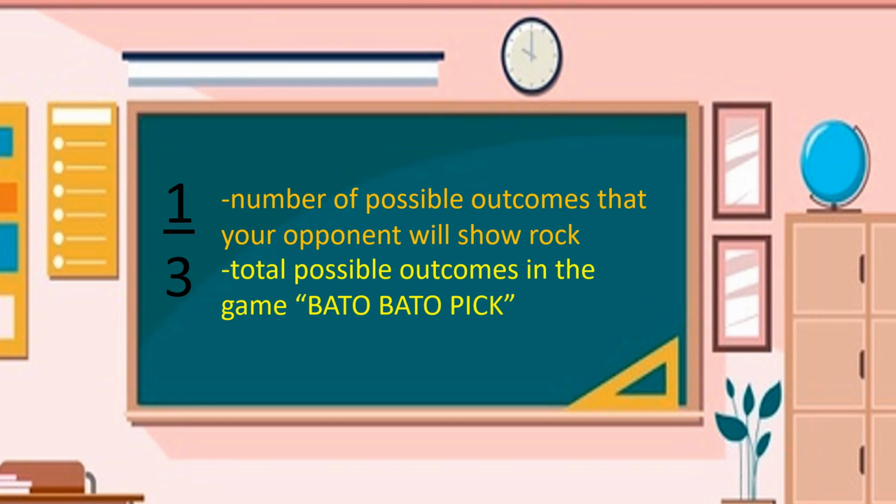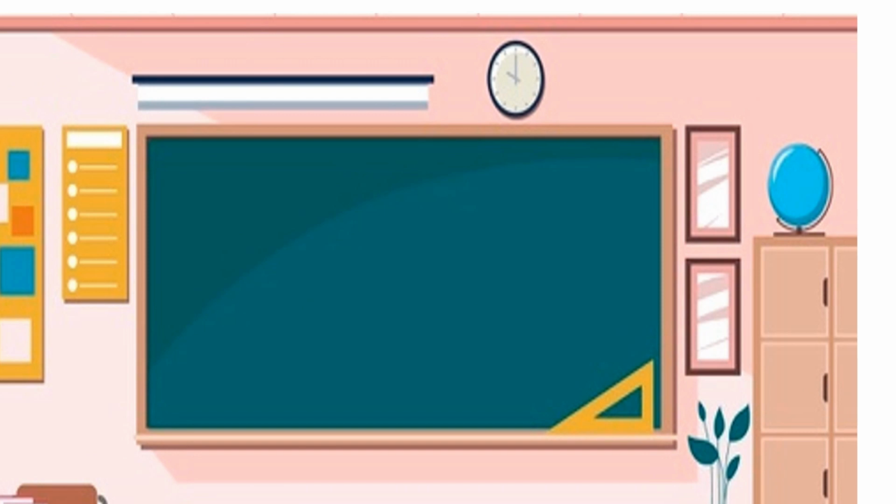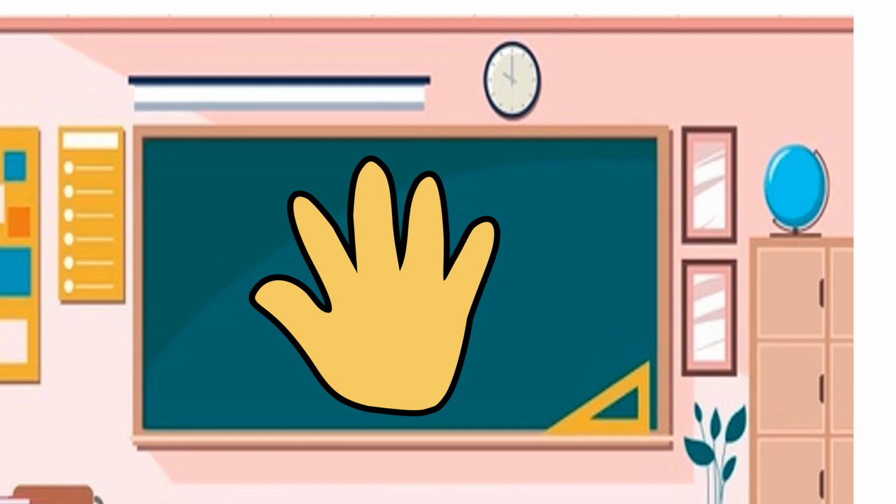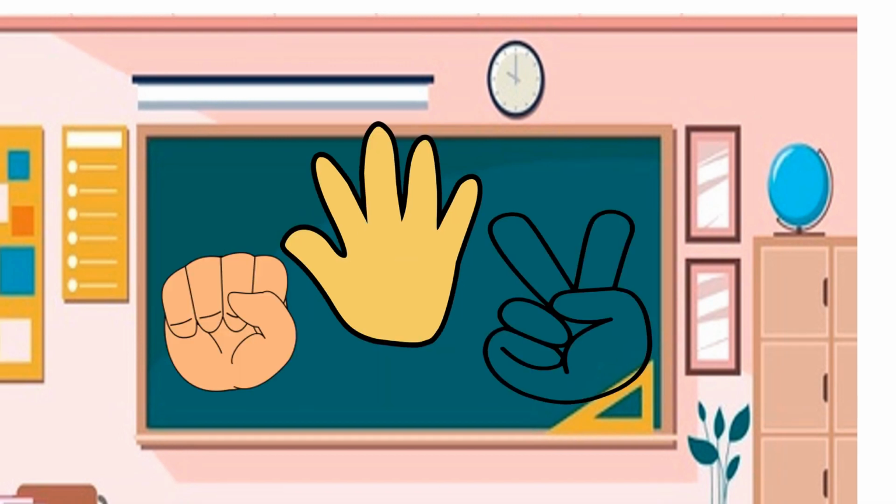Okay, let's try paper. Let's find the probability that your opponent will show paper. Again, class, let us enumerate the possible outcomes in the game Bato Bato Pick. Okay, they are rock, paper, and scissors. Again, there are 3 possible outcomes.